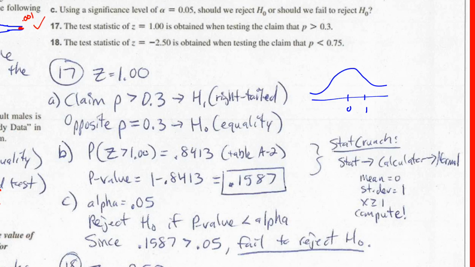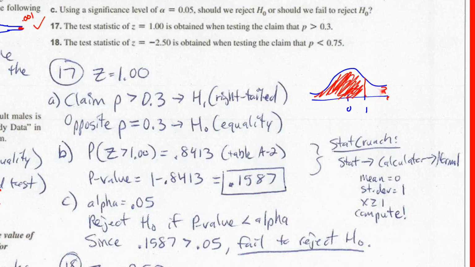because that right there is actually giving me this entire area. So the reason why it's a big decimal is because it's giving me all of that, and I'm actually looking for this part right here. So I have to subtract that from 1 to get the 0.1587.